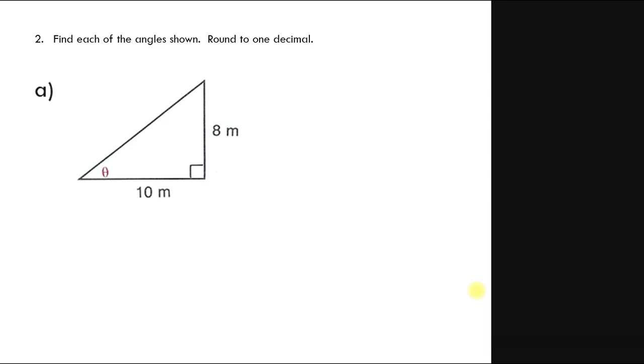Question number 2. Find each of the angles shown, round to 1 decimal. Well, in question A, we're given the reference angle, so we can bring in our hypotenuse, opposite, and adjacent labels. So we're given the values for opposite and adjacent. So the trig ratio that deals with opposites and adjacents is the tangent.